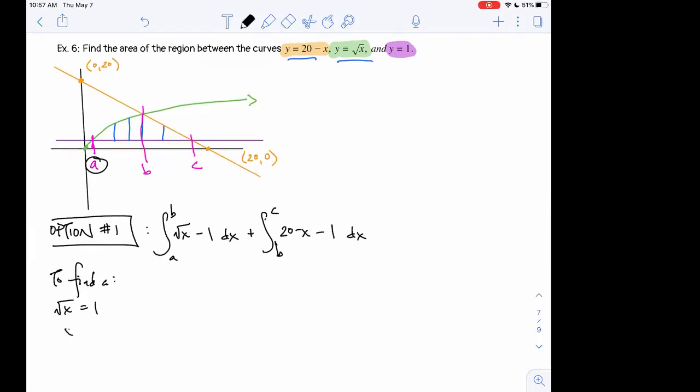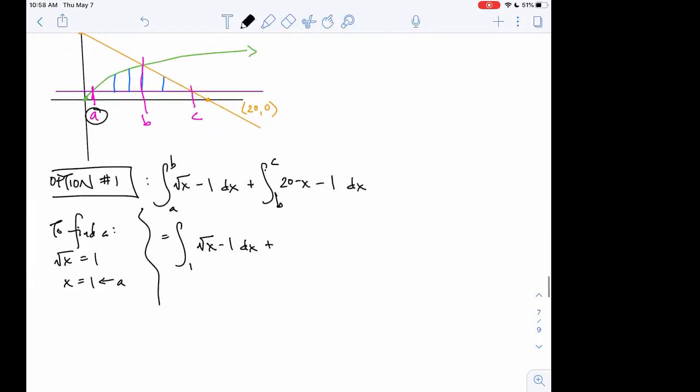I square both sides, and I know that my a value is 1. So in my equation, I could say the integral from 1 to another number I have to find of that. Now, how do I find b?